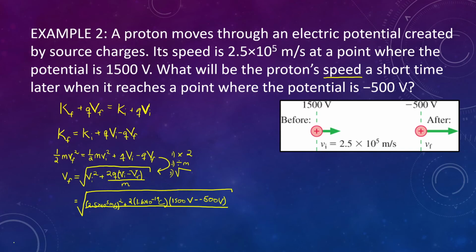And then, oops, that gets divided by the mass. The right-hand side of this gets divided by the mass m. Now this is the mass of a proton again, which we just saw was 1.67 times 10 to the minus 27 kilograms.